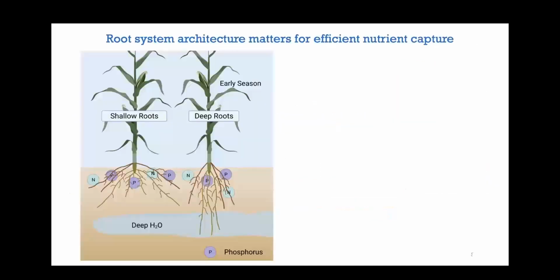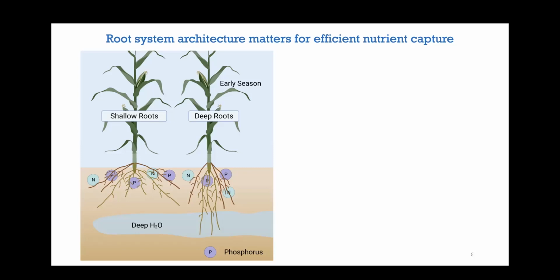Okay. So this is a concept of root system architecture, which can be stated pretty simply. It's the spatial and temporal organization of root systems. And we think that root system architecture, like where and when roots are, matters for efficient nutrient capture. Here's a really simplistic diagram, showing a difference between maybe a shallow rooted and deep rooted plant earlier in the season.